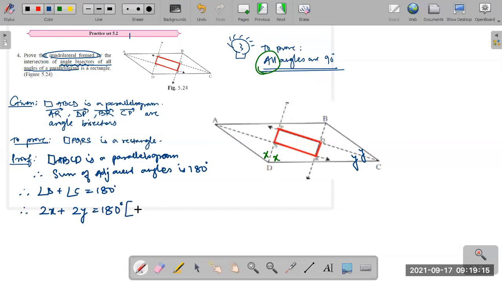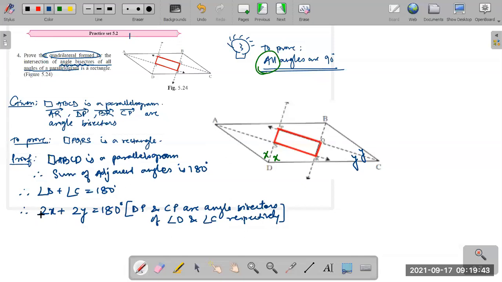You can mention the reason why we got 2X and 2Y: DP and CP are the angle bisectors of angle D and angle C respectively. You need to use the word respectively. So we have got 2X and 2Y.